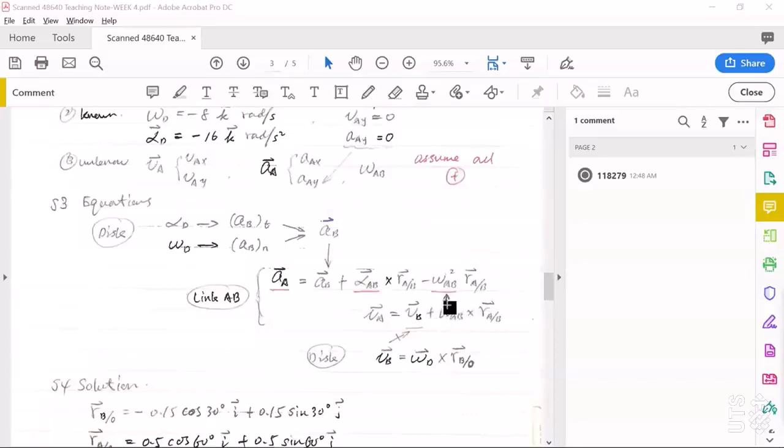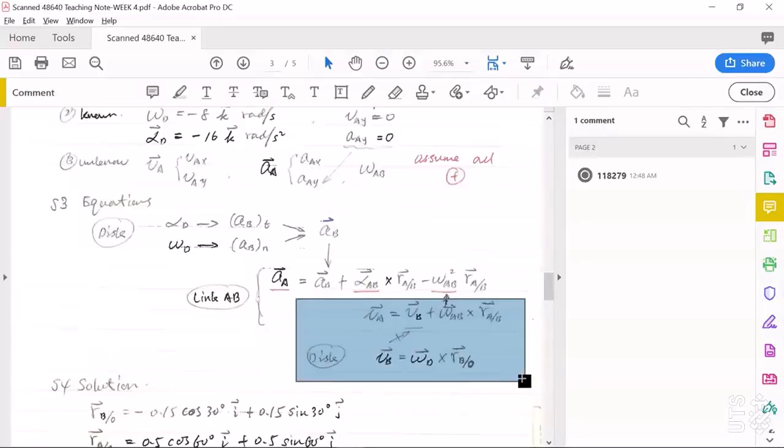Then substitute this omega AB into this equation for relative motion analysis of acceleration, we should be able to solve alpha AB and AAX. For this velocity analysis, it's not necessary to use relative motion analysis. As mentioned, you actually can use IC method to solve omega AB.